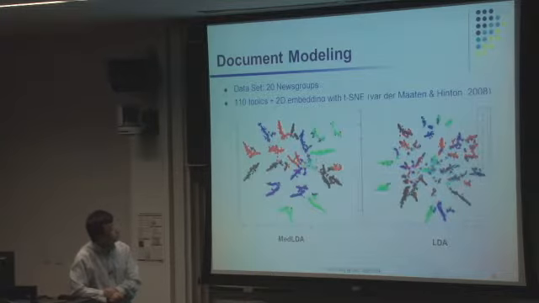So here, this is the embedding of a few thousand articles in the top 2 topics learned by LDA. And this is a projection of the same data in the top 2 topics learned by MED-LDA.